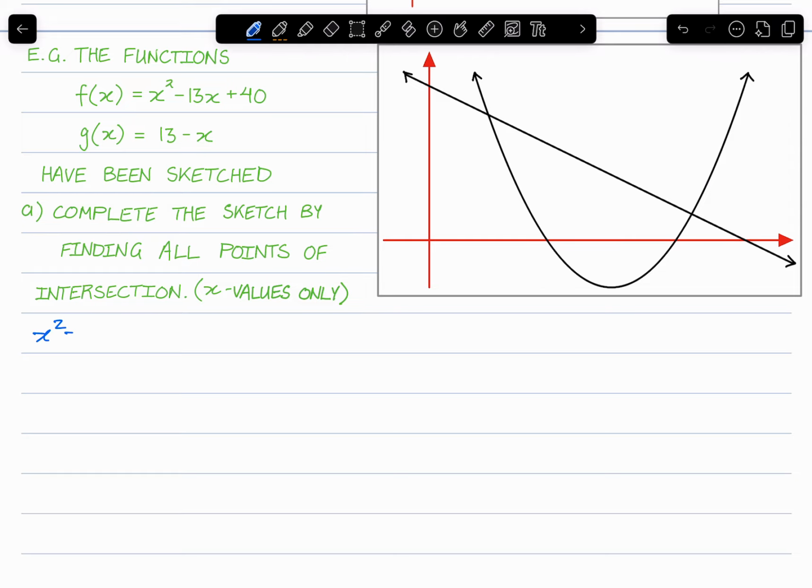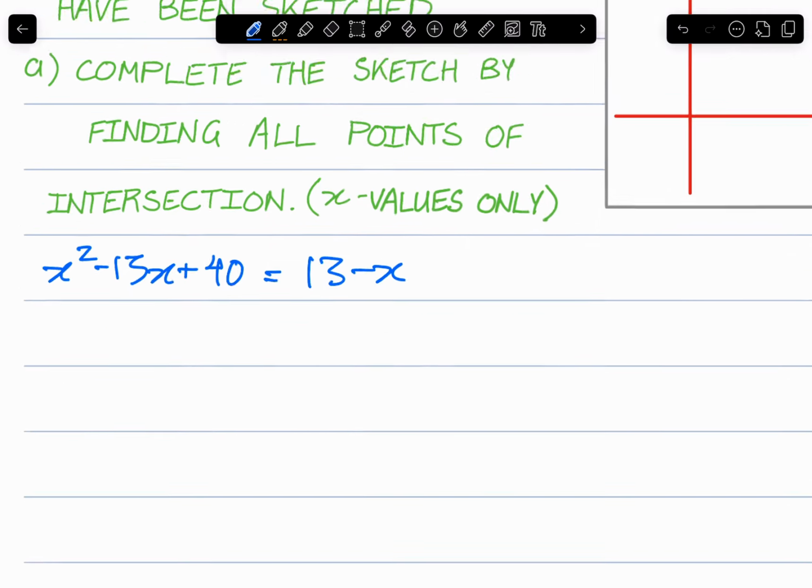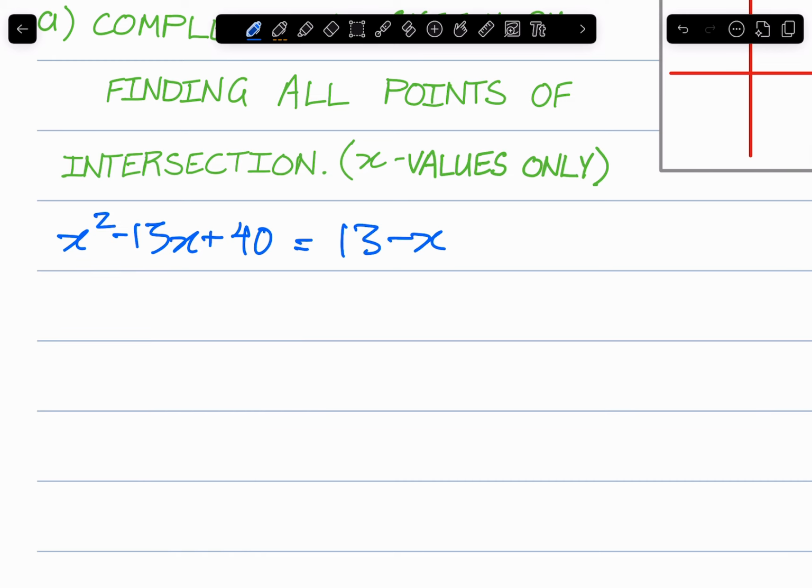So x squared minus 13x plus 40 equals 13 minus x. Bringing everything to one side, x squared minus 12x plus 40 take away 13, 27, equals 0.